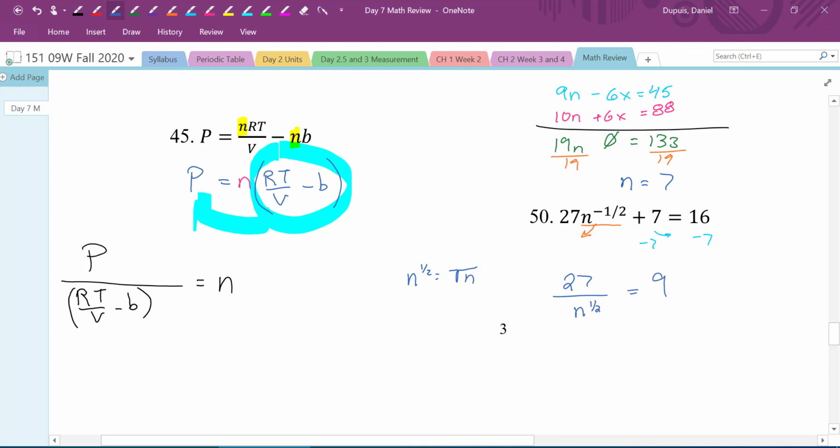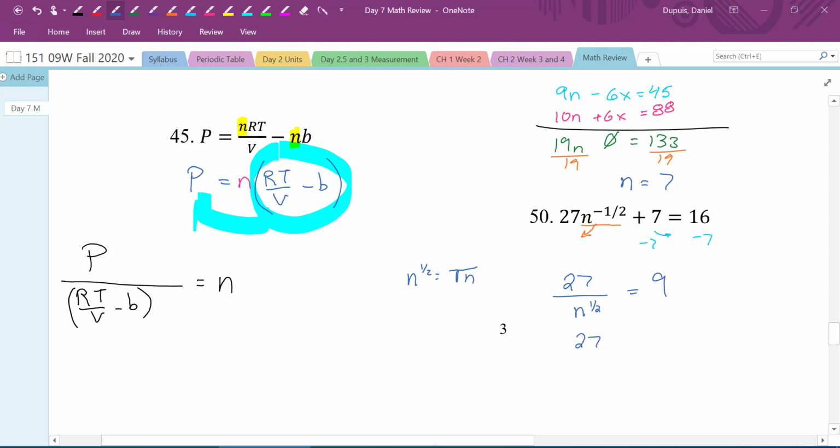Okay. Now, I need to multiply both sides. Is that going to work? Yeah, multiply both sides by n to the 1/2.